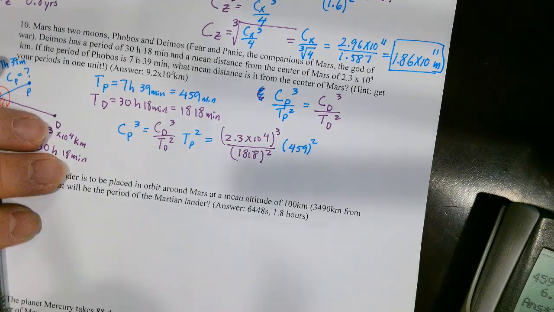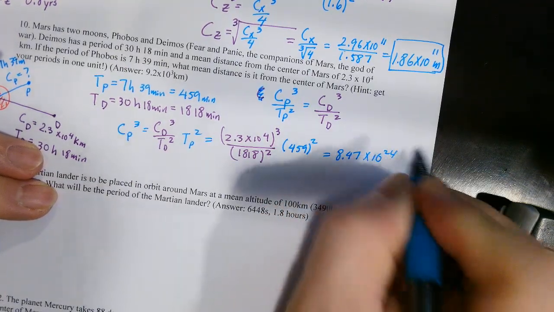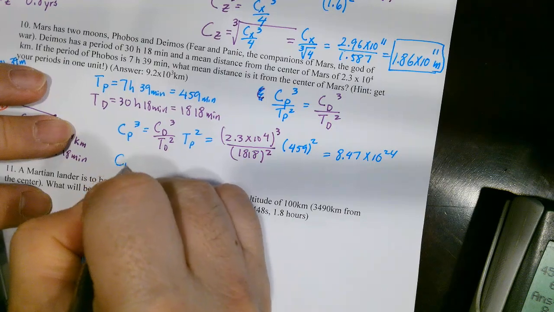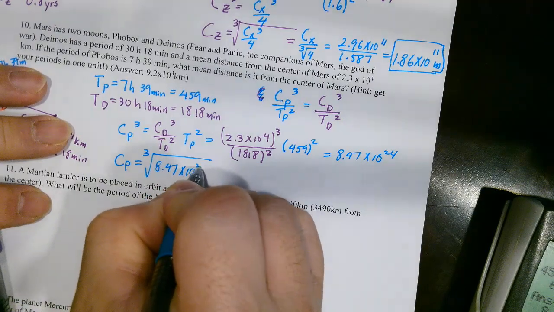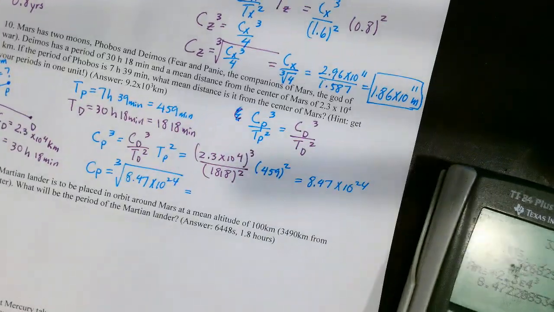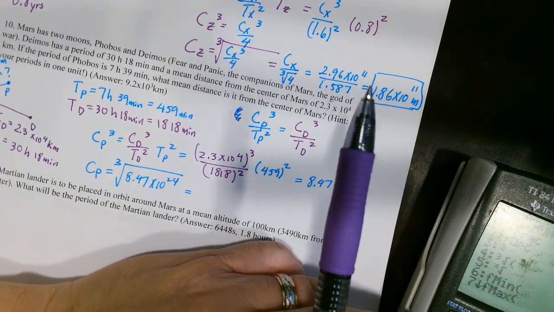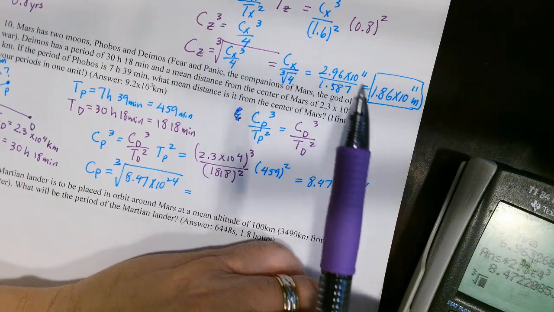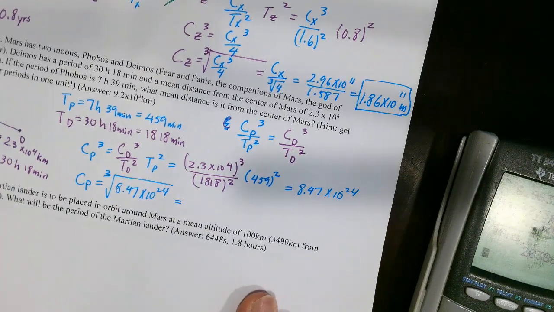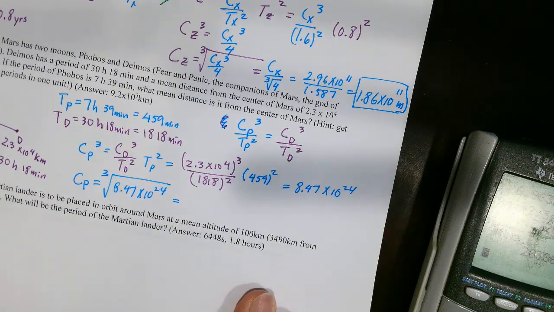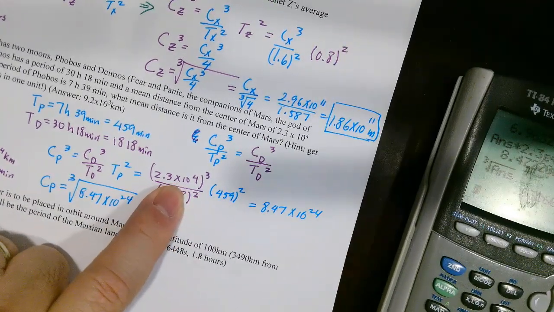Yeah, I get all that mess turns into 8.47 times 10 to the 24th. So if you cube root that, let's see what we get. Okay, something's wrong. All right, let's rework that. Something's not right. Hold on.